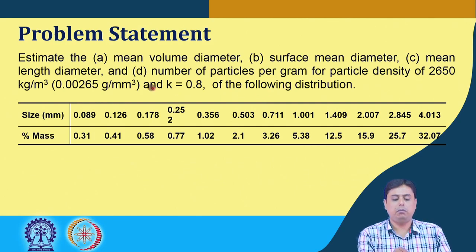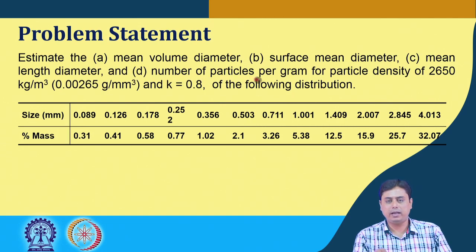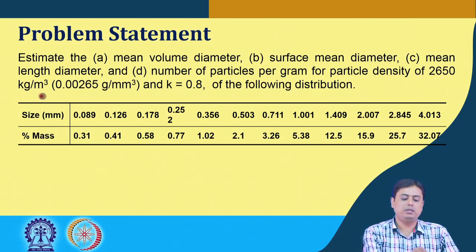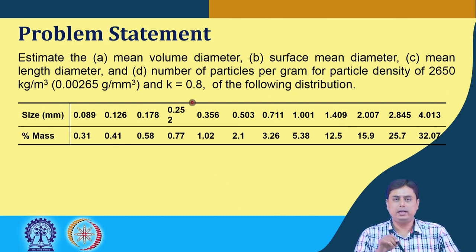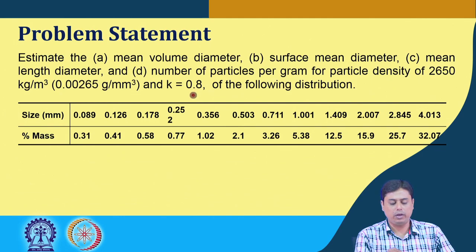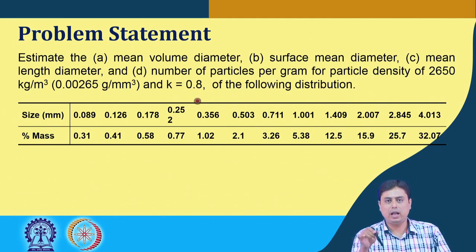And then the last part of this problem asks for the number of particles per gram, with a particle density of 2650 kg per meter cube and a shape constant of 0.8. So, how do we find the total number of particles in this expression?